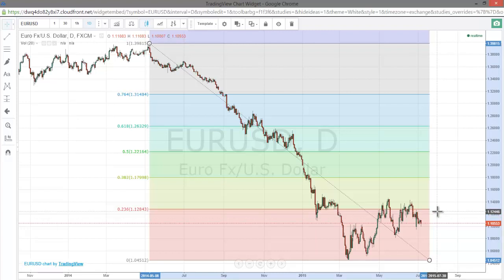Find something that tells you the price is losing fuel, losing momentum, losing power, and you can find that when there is a higher bounce than it's ever been before. If you look at these bounces here, none of them are bigger than this bounce here.